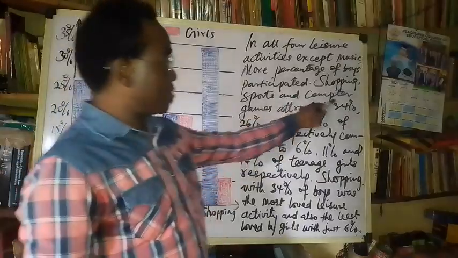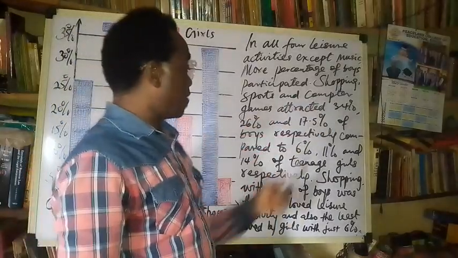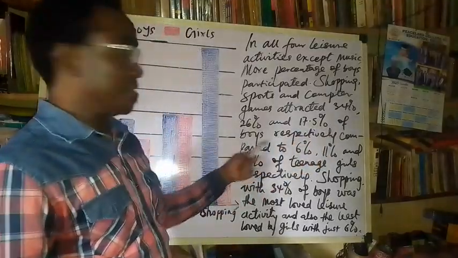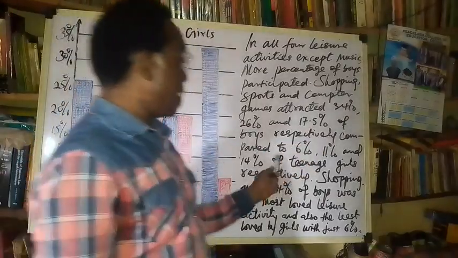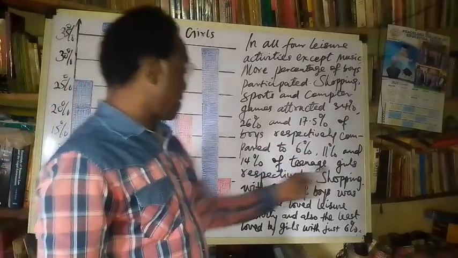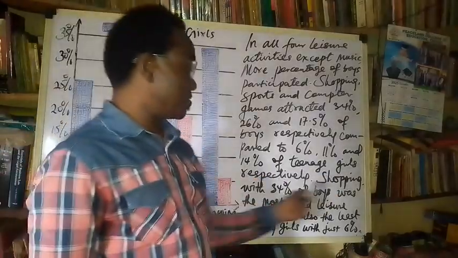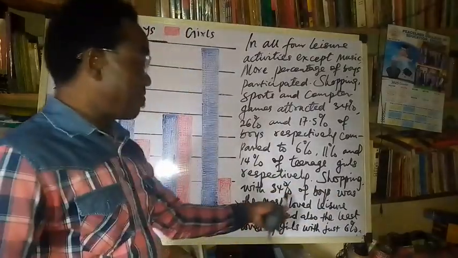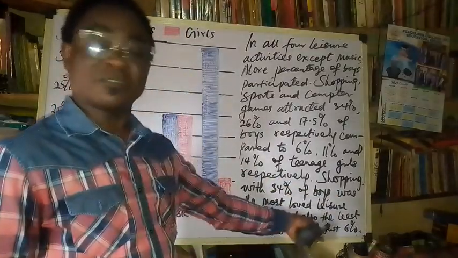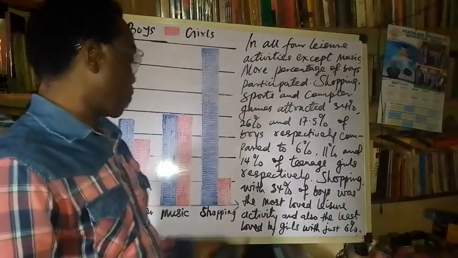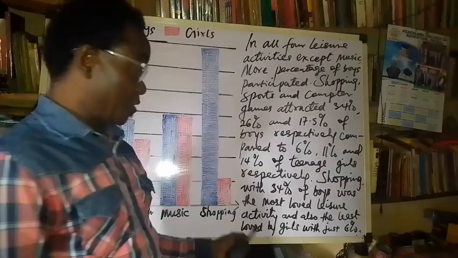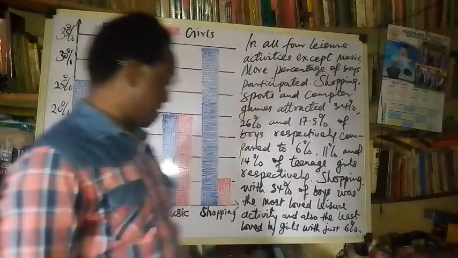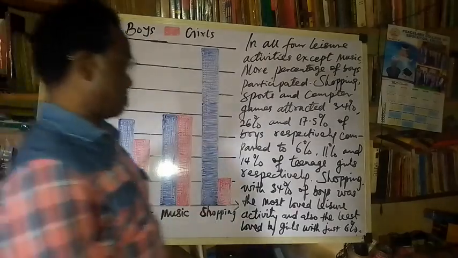Shopping, sports, and computer games attracted 34, 26, and 17.5% of boys, respectively, compared to 6%, 11%, and 14% of teenage girls, respectively. Shopping, with 34% of boys, was the most loved leisure activity, and also the least loved by girls, with just 6%. That is what we have here.